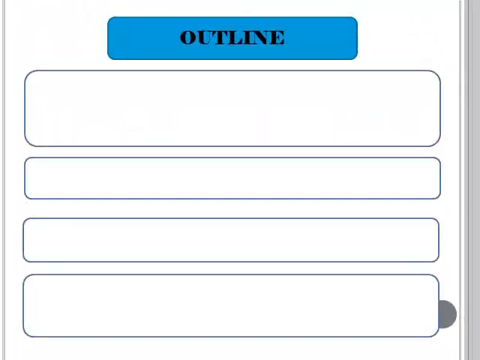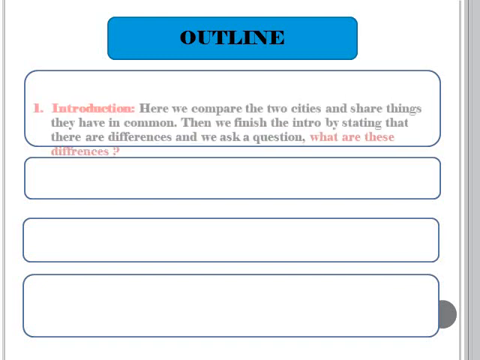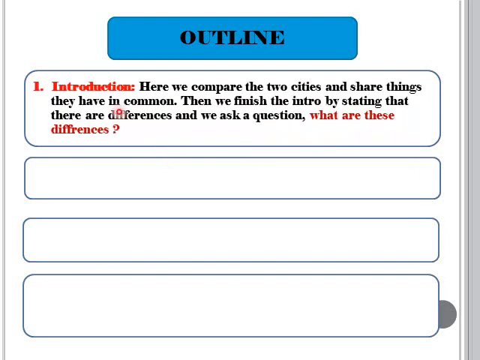Right. About the outline, this is the format we must keep in mind. Alright, when we write comparison and contrast, the first paragraph is the introduction. Here we compare the two cities or countries, depending on the task you are given in the national exam.